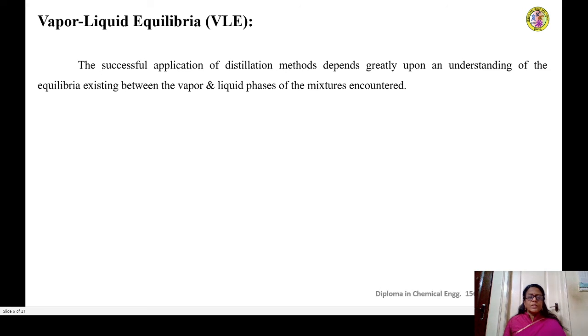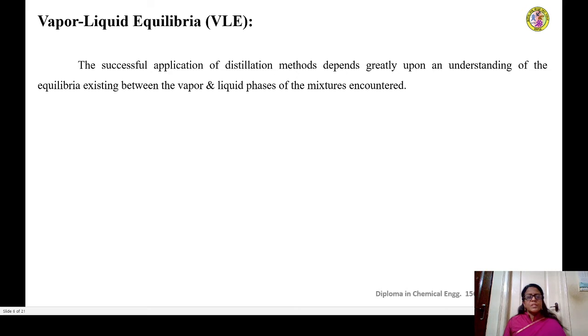What is vapor liquid equilibria? You all know what a vapor liquid equilibrium relationship is in every mass transfer operation and its significance to carry out a particular mass transfer operation. Just like all other operations, the successful application of distillation methods depends upon understanding the equilibria that exist between the vapor and liquid phases.